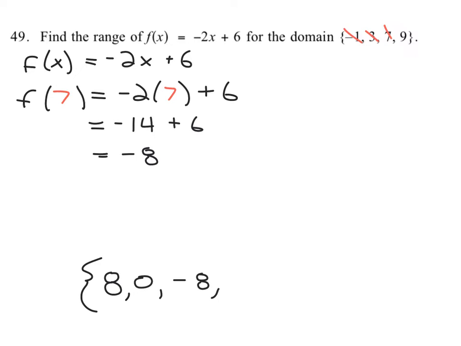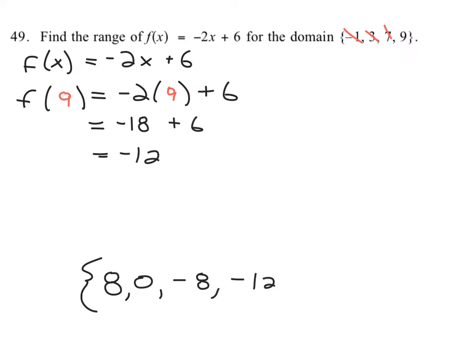Okay, so we've now done it for 7. Got one more number to do, 9. Let's do f of 9. Okay, f of 9 is negative 2 times 9, which is negative 18. And negative 18 plus 6 is negative 12.